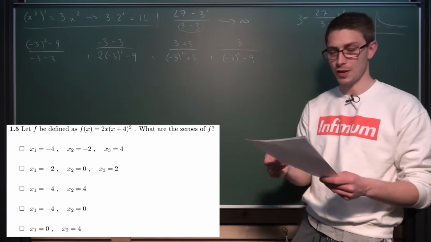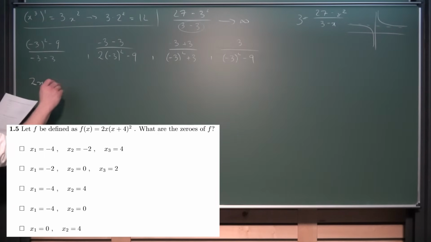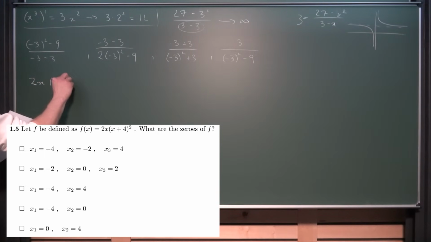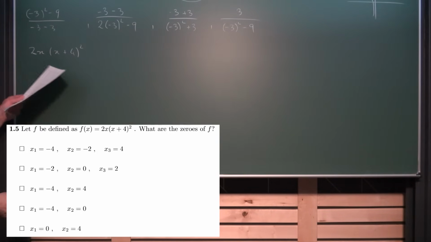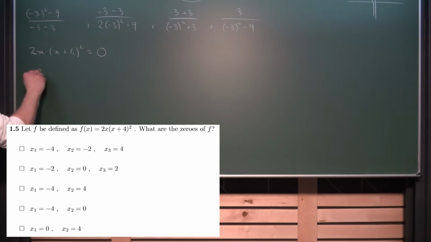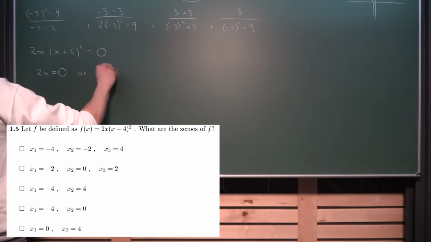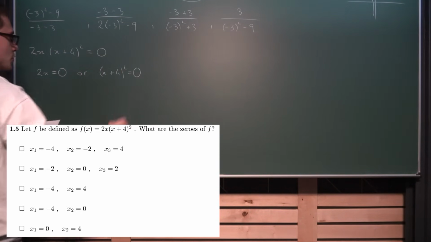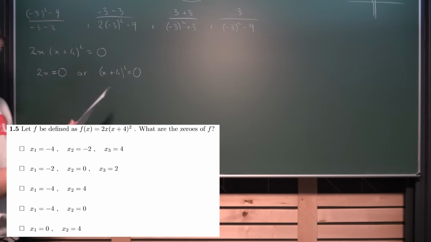Now, let f be defined as f of x being equal to 2x times (x plus 4) squared. What are the zeros of f? And obviously, a multiplication of numbers can only be 0 if and only if 2x is equal to 0 or (x plus 4) squared is equal to 0. Or in our case, we're going to get x plus 4 is equal to 0.